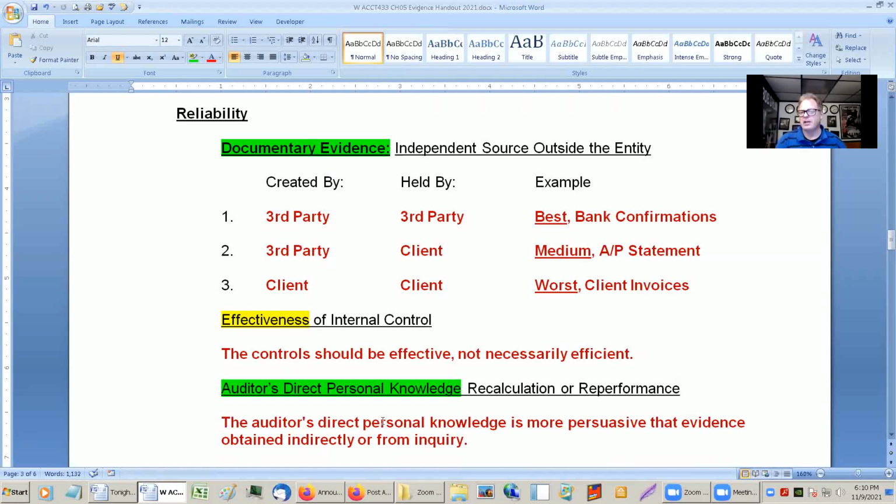So if I do the calculations of whatever, depreciation expense, I do the calculations myself, I do the reperformance of the calculations or the recalculation of them, that is more persuasive than me getting documents from somebody about the depreciation expense. Okay, so this up here relates to documentary evidence, documents basically. Whereas this down here, the auditor's direct personal knowledge is the best.